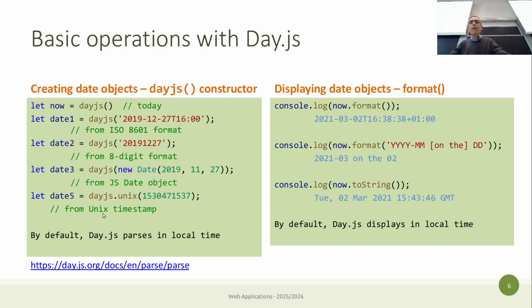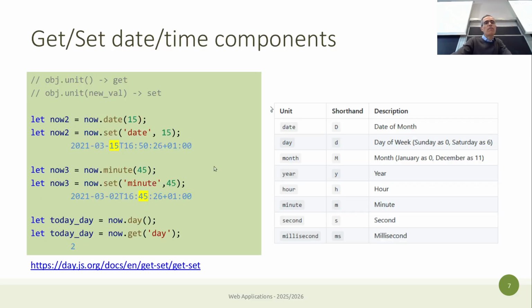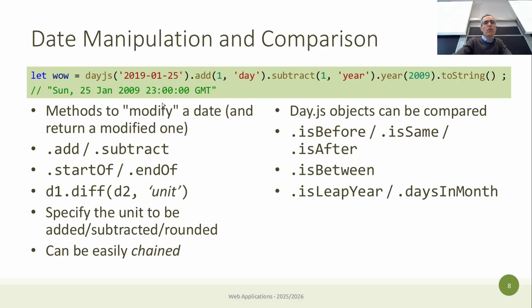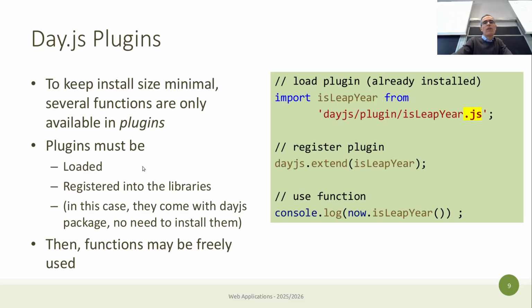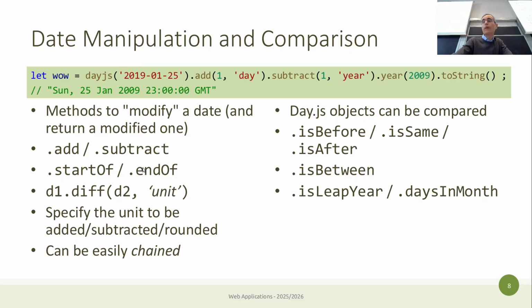Other libraries maybe have different approaches. Here you see a lot of documentation, but I would say this is just a reference. When you need it, you search for it, and at least you have a starting point.